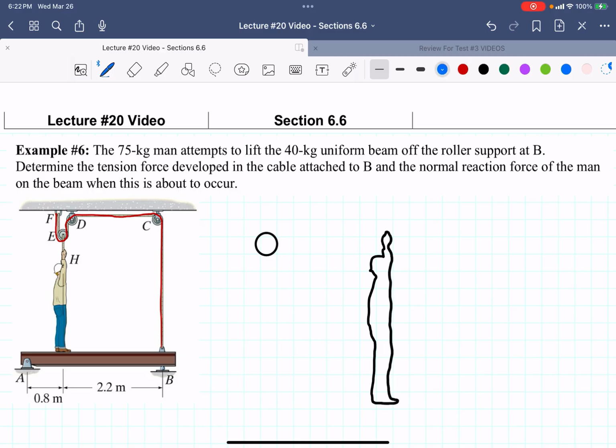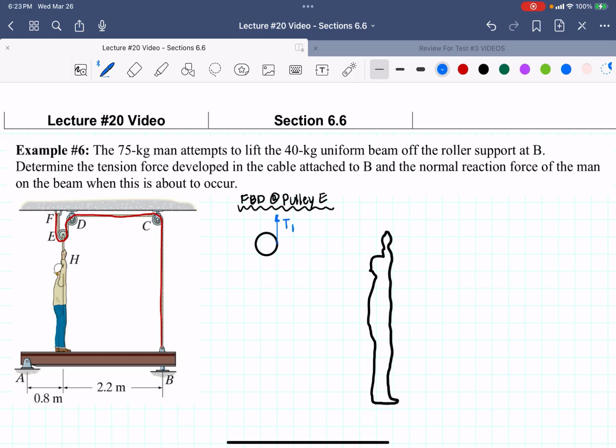So I've got my free body diagram of the pulley here, FBD, at pulley E. So I've got my little circle showing pulley E. And at pulley E, I've got the rope going up on both sides, which we're going to say is some sort of tension.